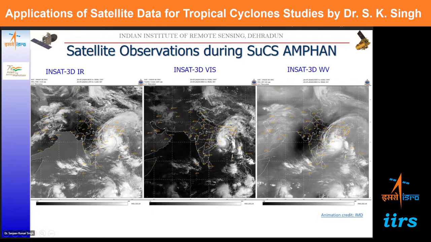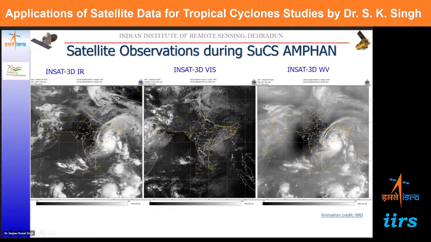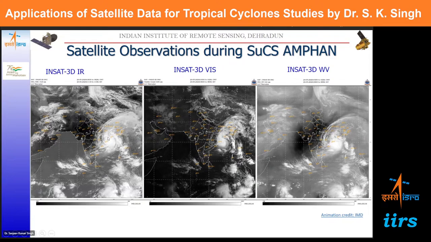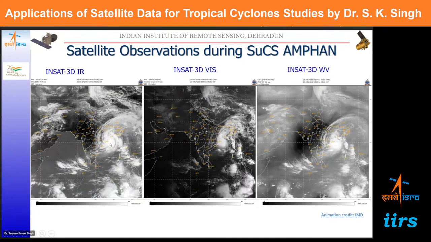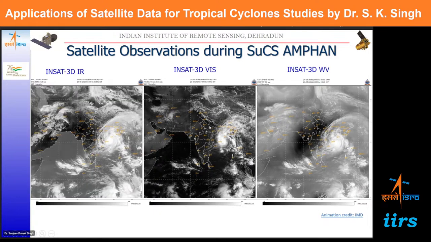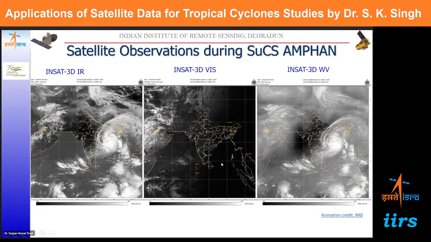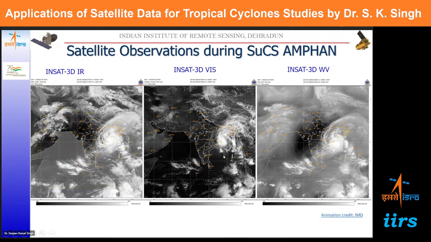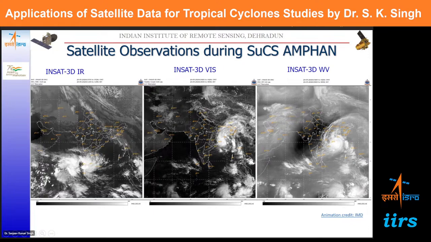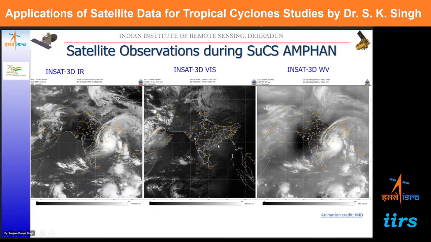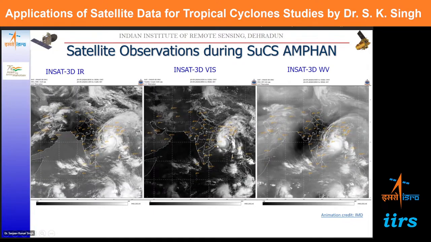This shows how the tropical cyclone moved toward West Bengal. For continuous monitoring, this plays a major role. And in the visible channel, you can see that during the night time there are no observations. Only during daytime is it available, and you can get the information through the visible channel.